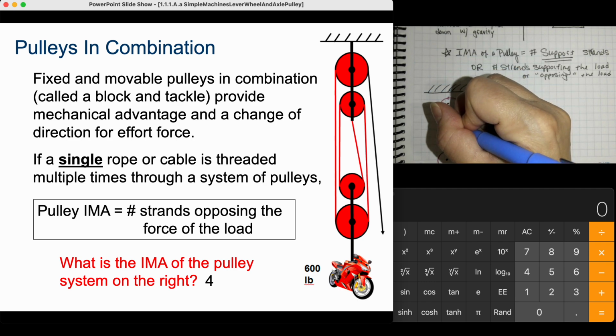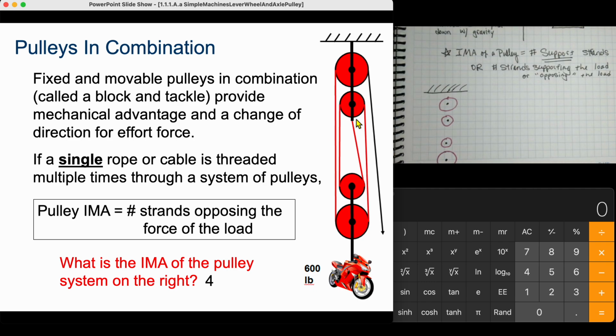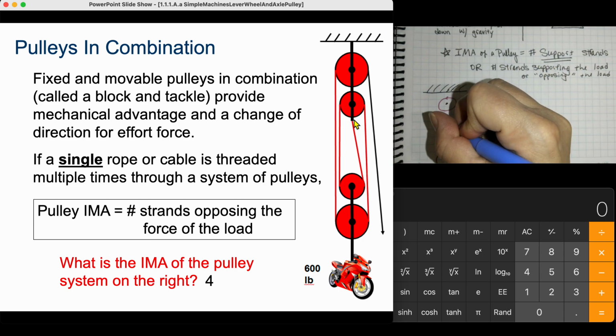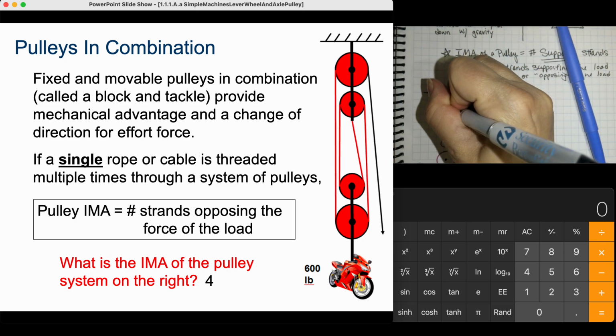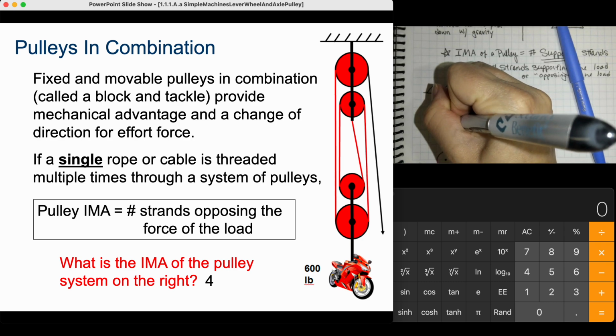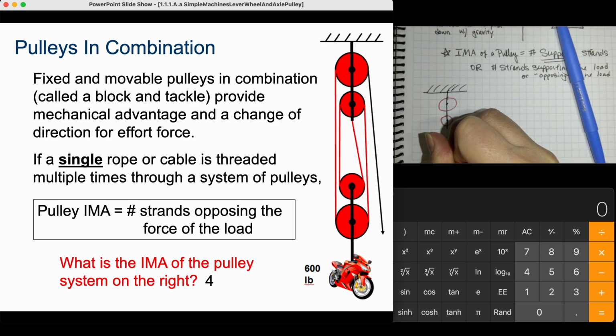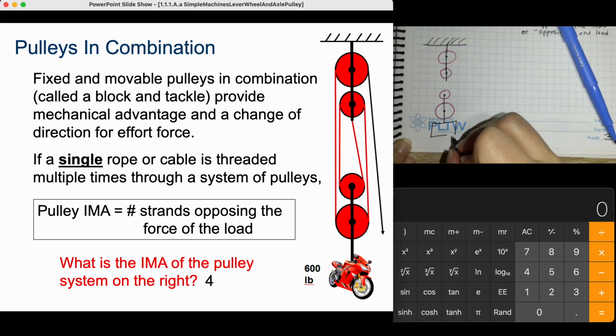So the rope actually starts right here in the middle. These 2 are connected, and then these 2 are connected, and then we actually have our little load way down here, and that is 600 pounds.